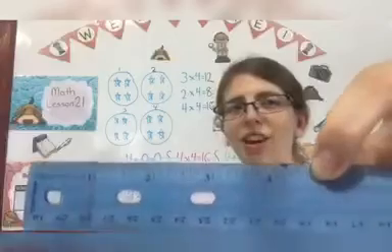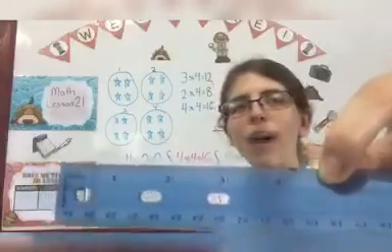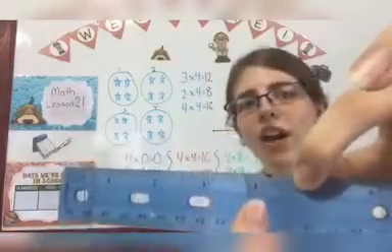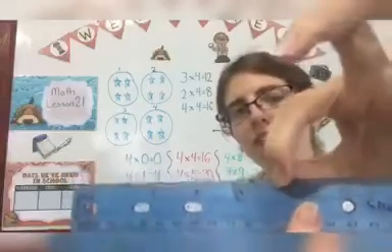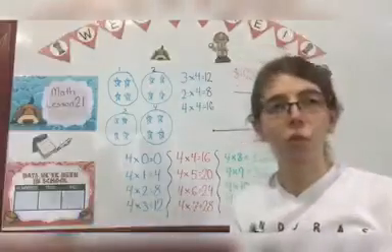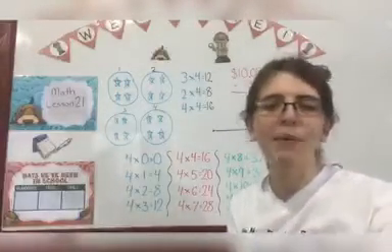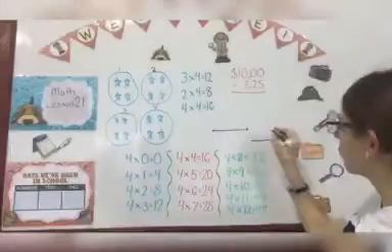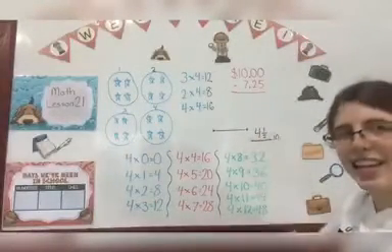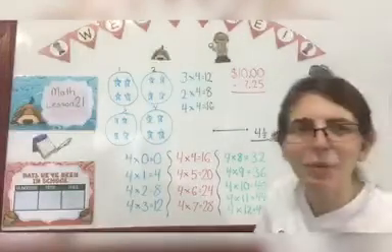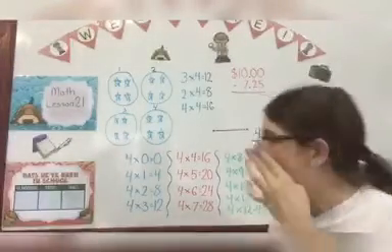I know it's a little hard to see. It stops right at, here's 4 inches, and it's right in the middle between 4 and 5. So that's 4 1/2. And we would write it like this. 4 1/2 inches.